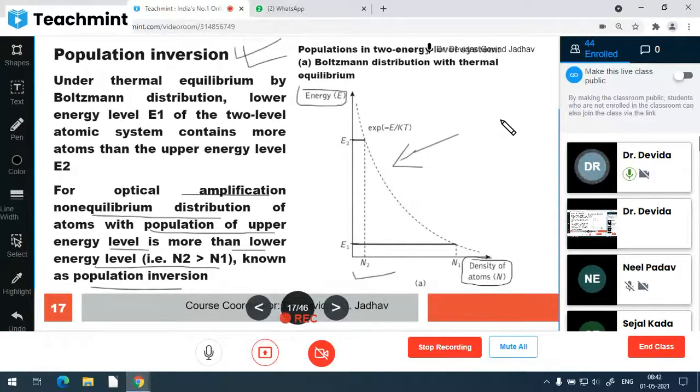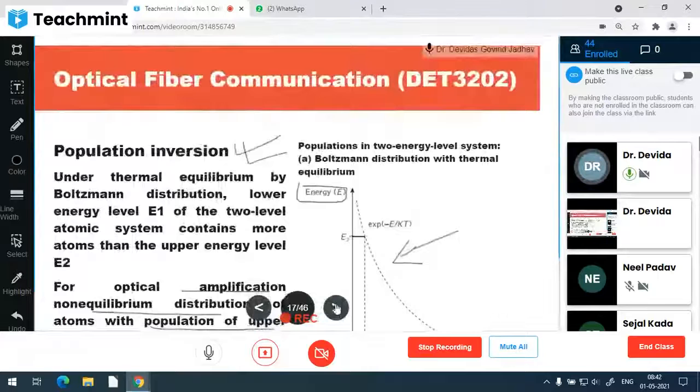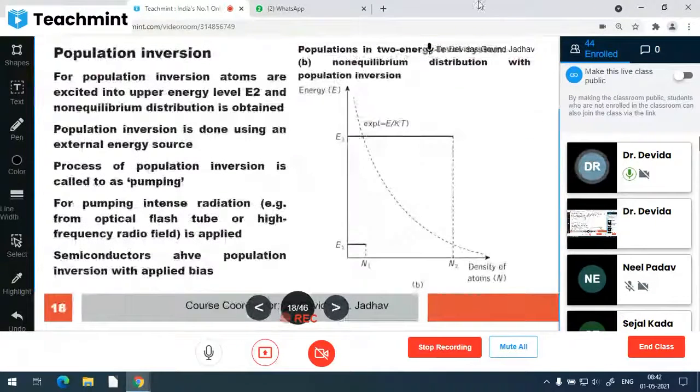If you consider this population inversion, the condition is just opposite. E2, the higher energy level, has atoms larger in density, and E1, the lower energy state, has fewer atoms. So here N2 is larger than N1.